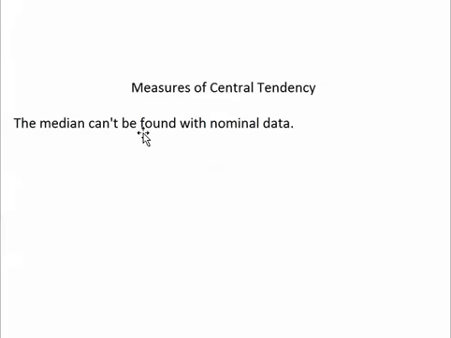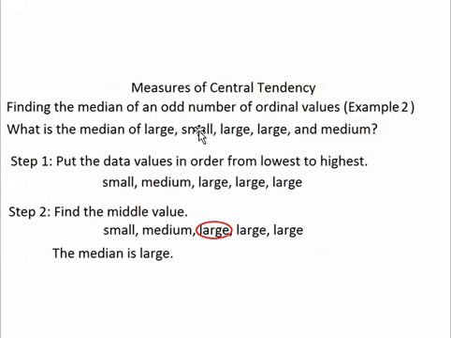Now why can't we find the median of an even number of ordinal values? For example, what if our data set was large, small, large, large? If we had 4 values, which is an even number of values, we would end up having 2 values in the middle. And the problem is, you can't find the mean of 2 categories.